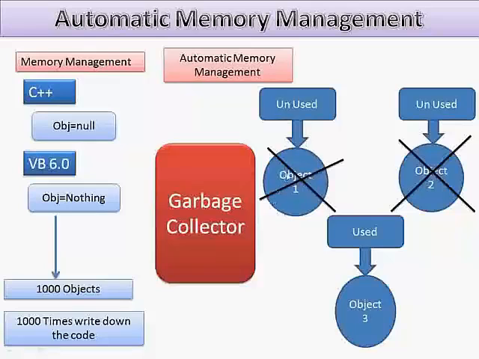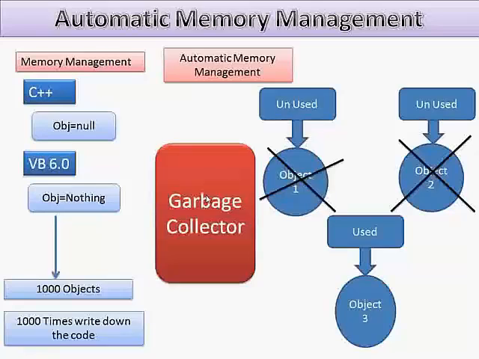If I have objects 1, 2 and 3, your garbage collector continuously searches for unused or unreferenced objects. If it finds an unused or unreferenced object, then it immediately deallocates the memory of that object. The time is not specified. It is started by the Common Language Runtime.